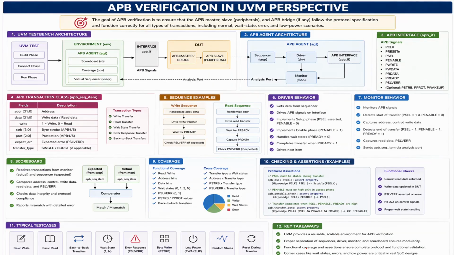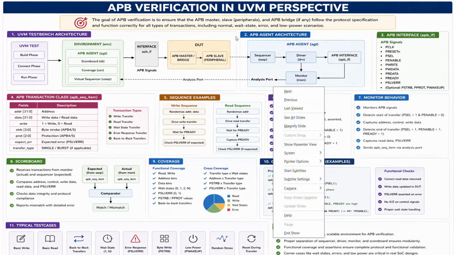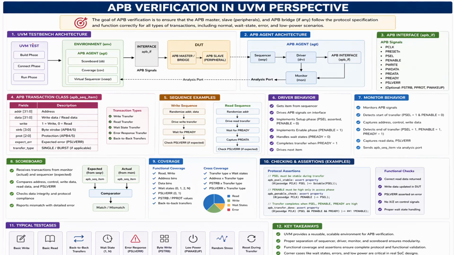Now this is the verification perspective. If you know UVM, you will understand all of this. Here is the UVM test, and how the test runs: build phase, connect phase, run phase.